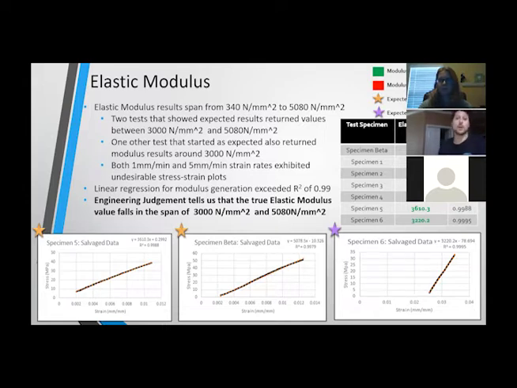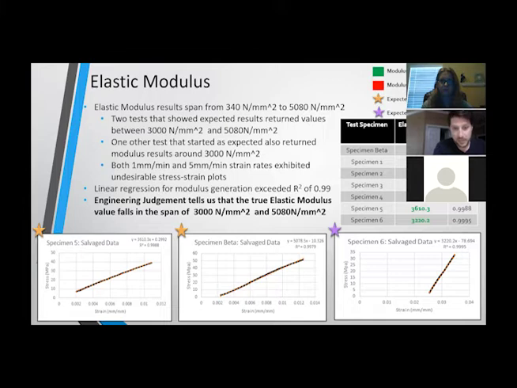We were able to do 7 tests, and for the elastic modulus results, we were able to paint in the corners of the box. We obtained results from 340 newtons per millimeter squared to 5,080 newtons per millimeter squared.